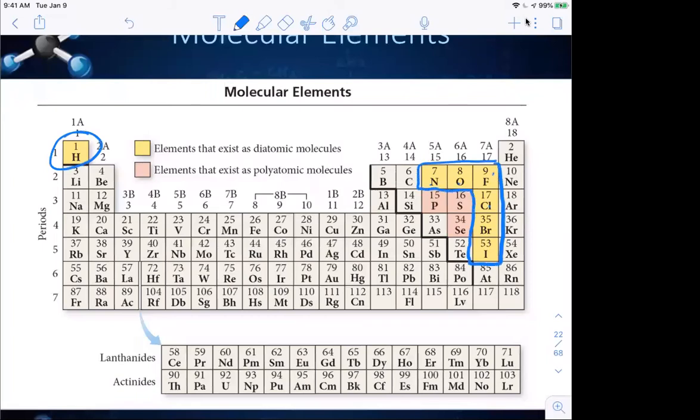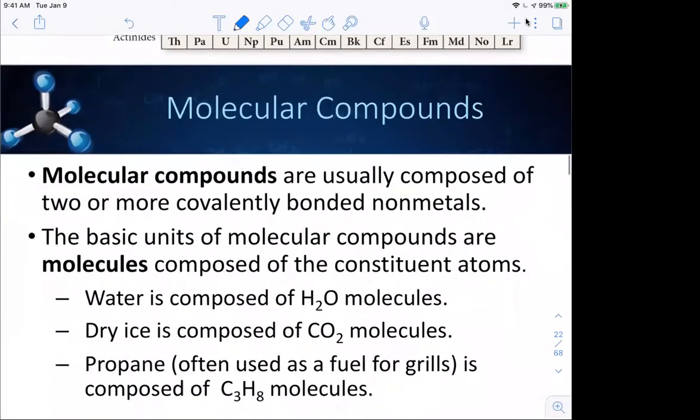The pattern allows you to predict what's going to go on. And then again, I have this other L, which shows me other elements that exist as polyatomic molecules. These 7 are the ones you really have to know in yellow. So make sure that you understand those.